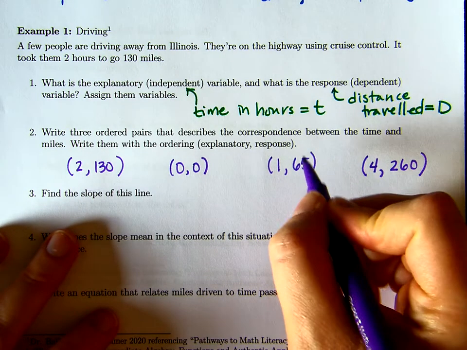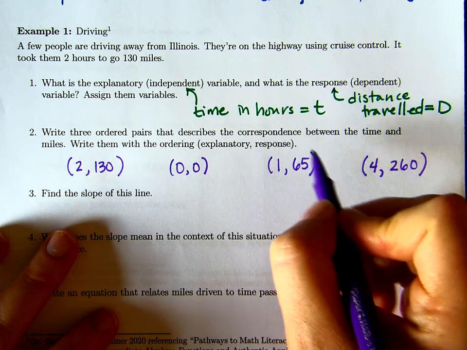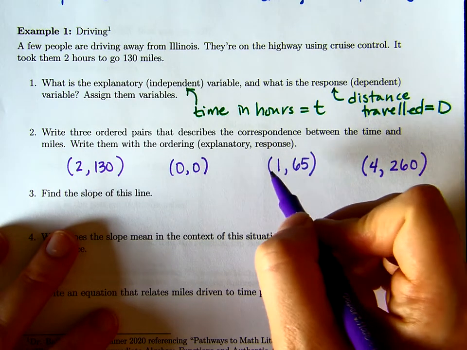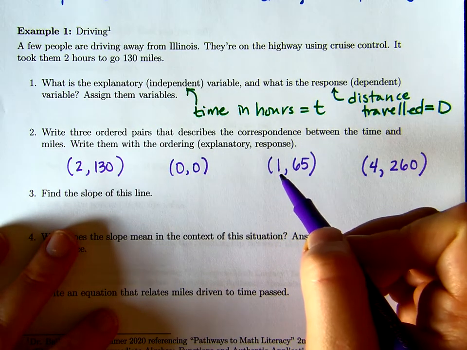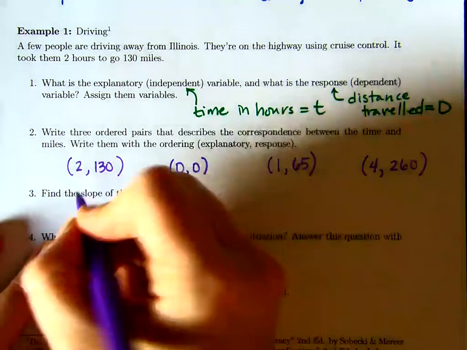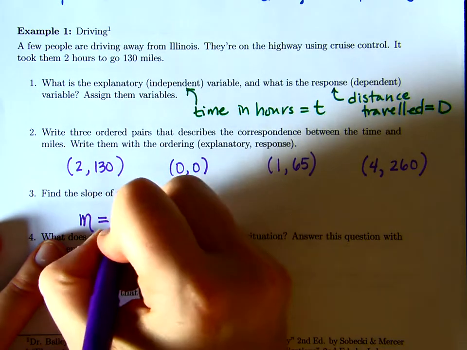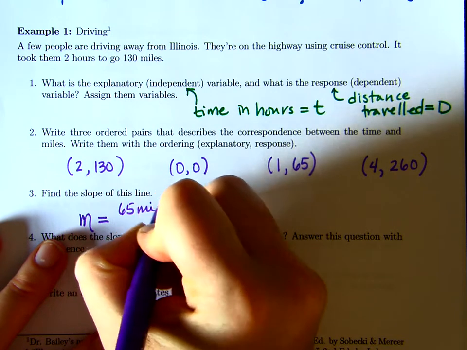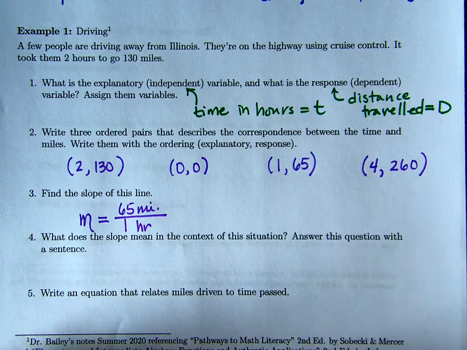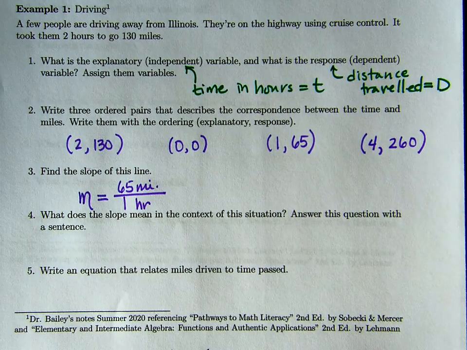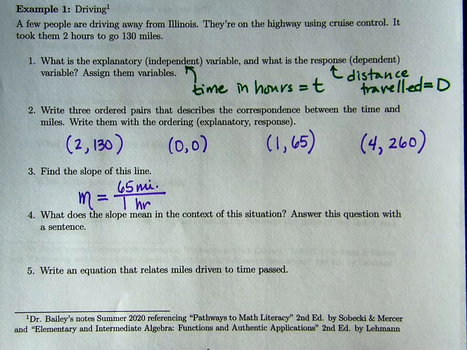So the change in the response is 65 miles compared to the change in the explanatory, which is per hour. So the slope of this line is 65 miles per hour.